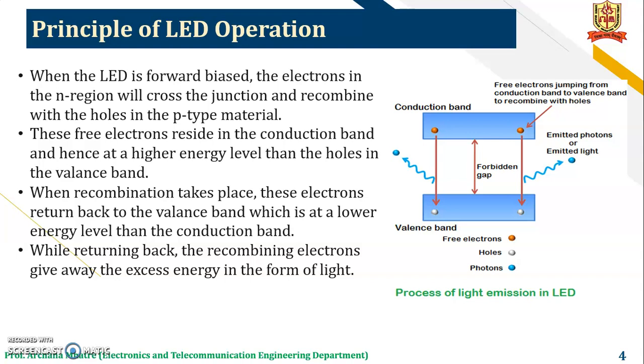When recombination takes place, these electrons return back to the valence band, which is at a lower energy level than the conduction band. While returning back, the recombining electrons give away an excess of energy in the form of light.